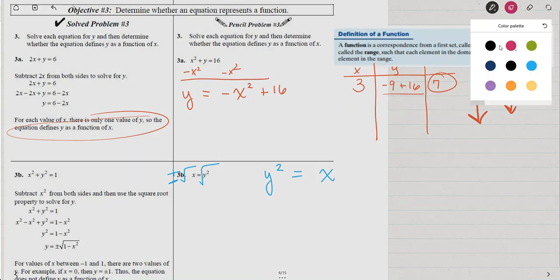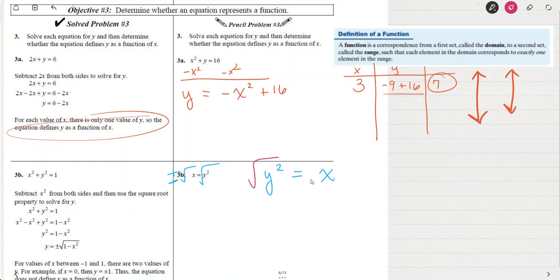and then remember with the square root property for solving quadratics, I take the square root of both sides. The square and square root undo each other. But I have to be mindful that there are two answers. There's the positive square root of x and also the negative square root of x.